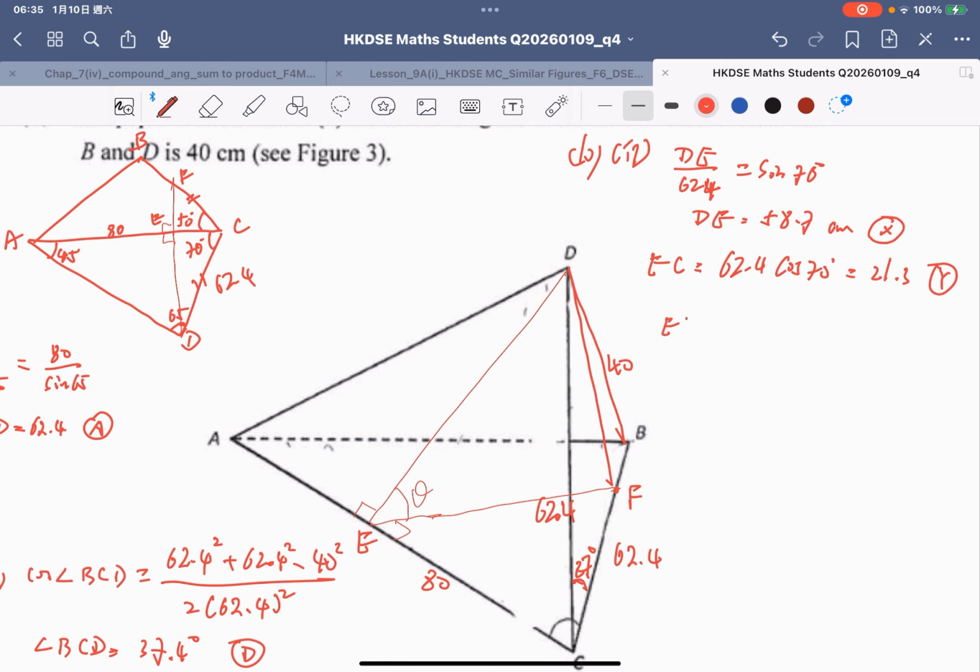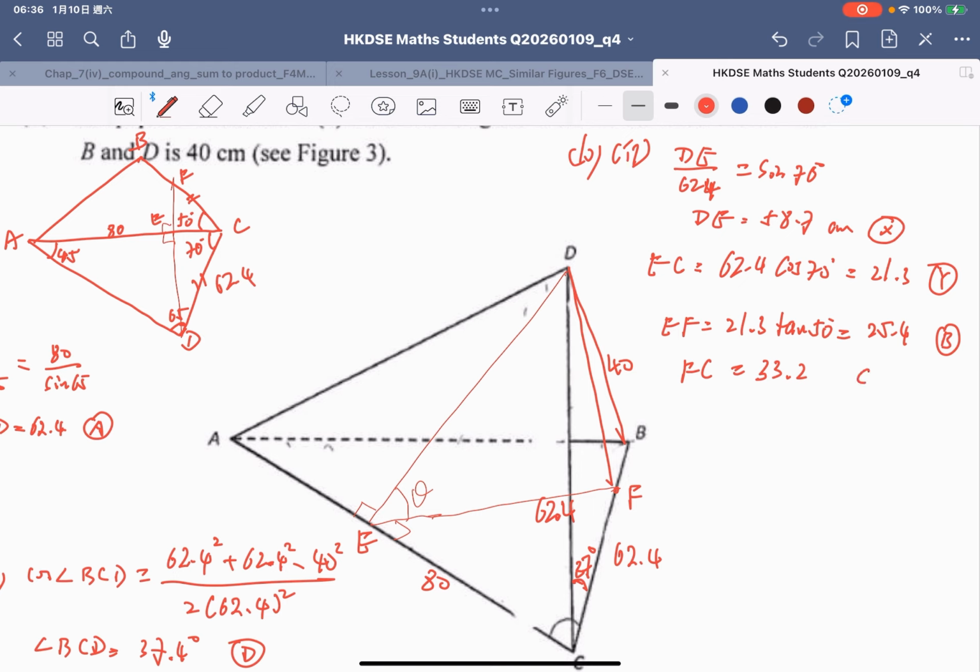EF equals 21.3 times tangent 50. That is 25.4. I store this in B. Then FC you can get using the Pythagoras theorem on this one. I skip that step here, and it is 33.2 cm.